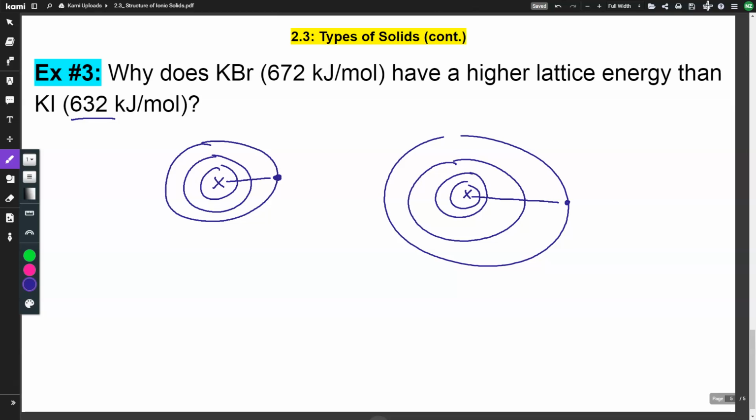So in the case of potassium and bromine, you need more energy to transfer electrons from the cation to the anion, because in the case of potassium, there is a much stronger attraction to the nucleus, whereas in iodine, there is a much greater distance from the nucleus to the valence electrons. So more distance is going to result in a weaker attraction.